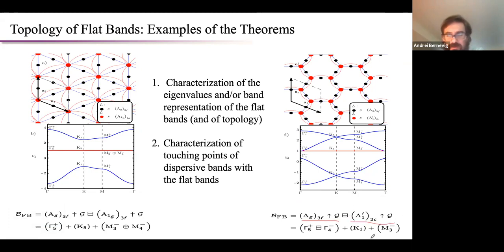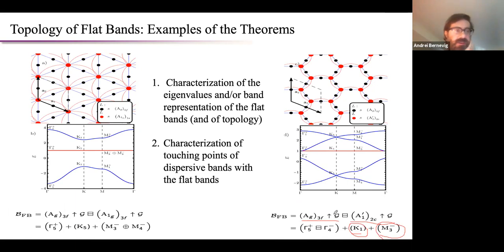You can take their difference and you find out that at the K point, you have a K1 representation. At the M point, you have an M3 minus representation. You know, this is the one-dimensional representation. It's got to be the C3 eigenvalue 1 representation. Okay, and this is M3 minus representation, C2 eigenvalue minus.